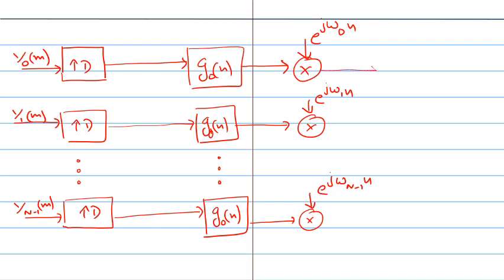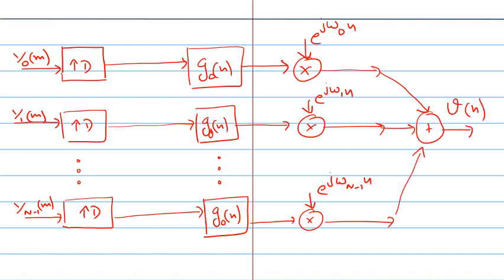So the output of these multipliers will be added, producing an output bn. One thing you can see from here, the output at this upsampler, and before that let me tell you, we have assumed that I is equal to d.